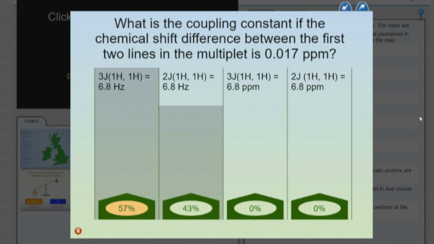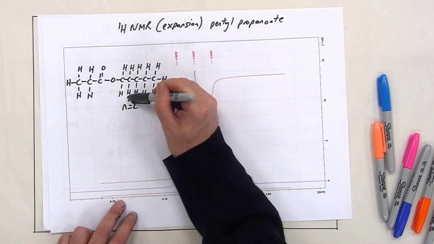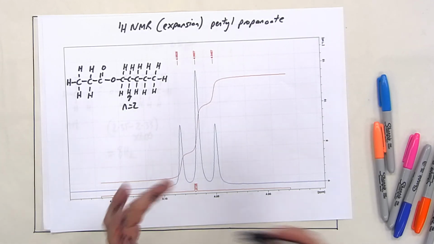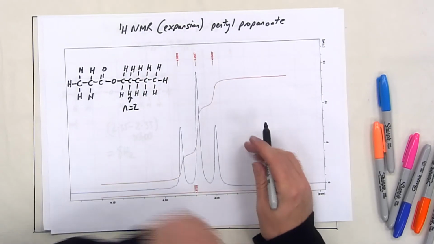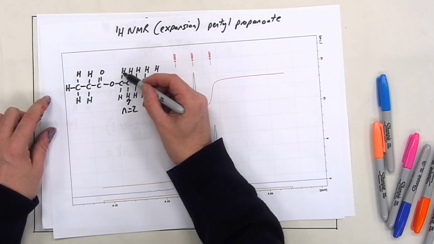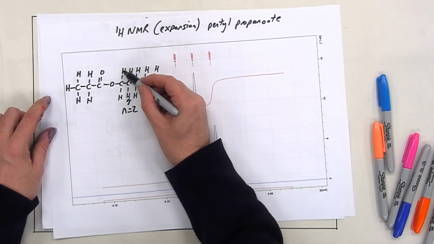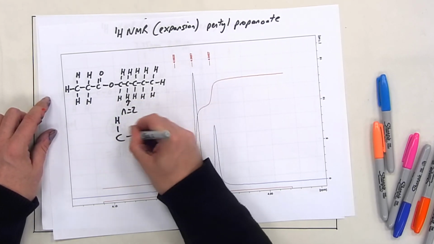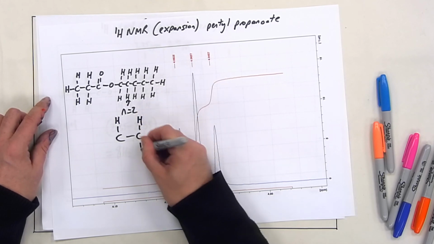Okay, so let's have a look at it. We were looking at these protons interacting with those protons, and all we have to do to find the J value, or the number of bonds, is count the bonds. So we're looking at the number of bonds between this hydrogen atom and, say, that hydrogen atom. Maybe I'll make it a bit bigger. Just redrawing it.